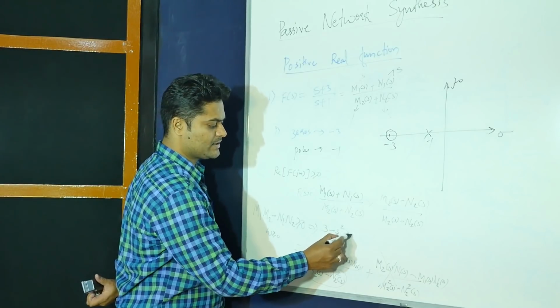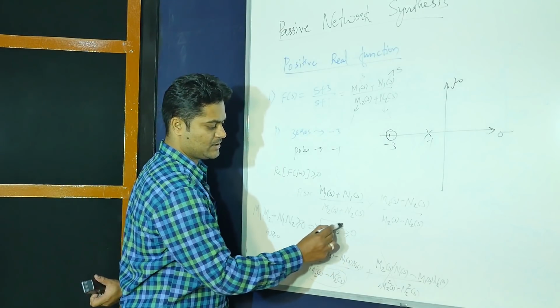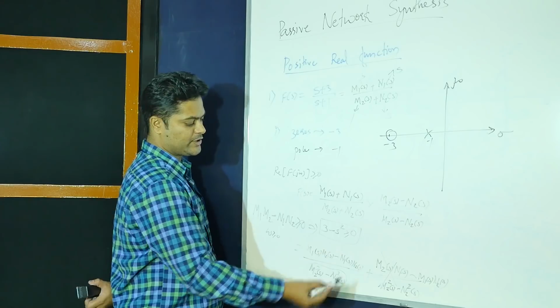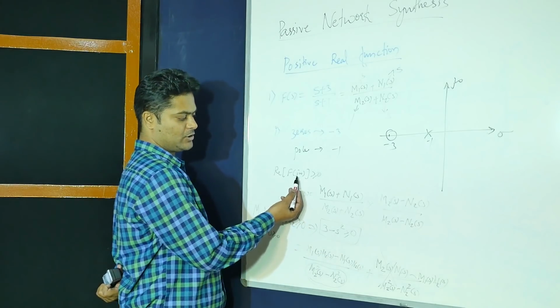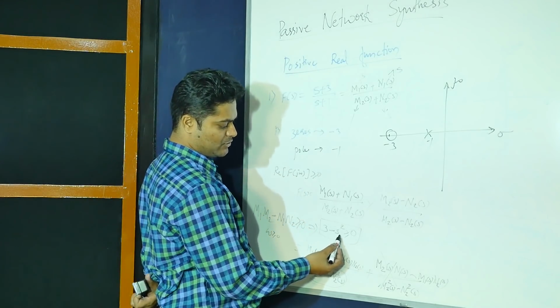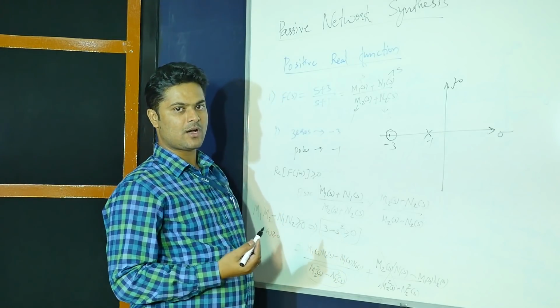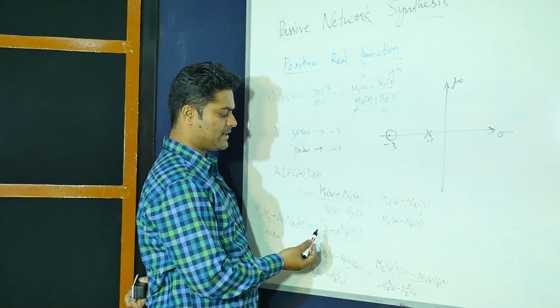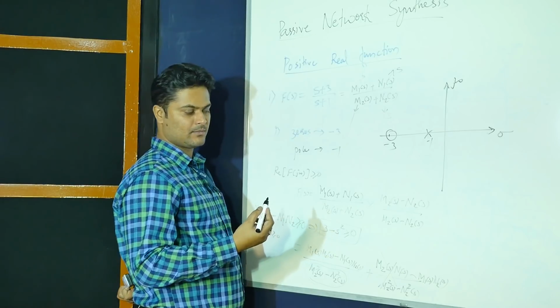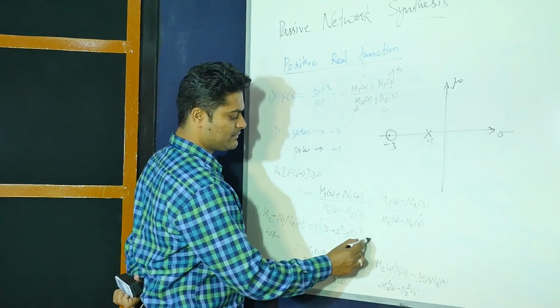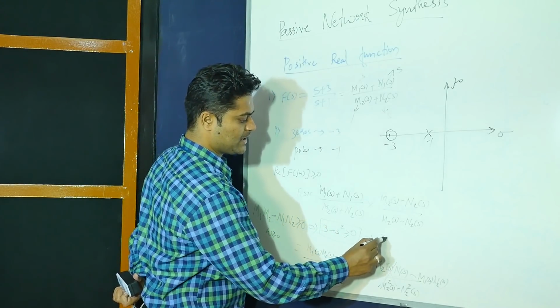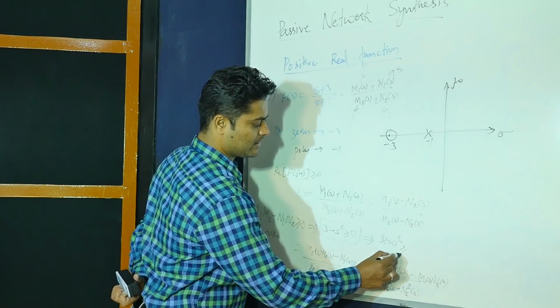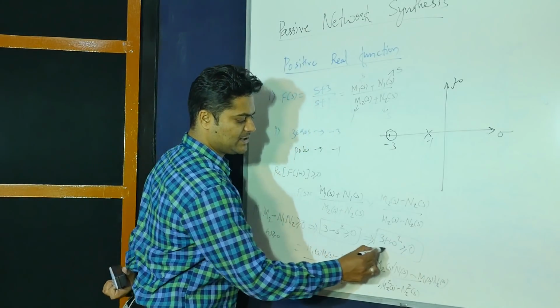We have to find out whether it is greater than or equal to 0 or not. This is the necessary condition. Put s equal to j omega. What happens? When I put s equal to j omega, minus j square into omega square, minus into minus, j square is negative 1, so it becomes positive. So this will lead to 3 plus omega square greater than or equal to 0. So, is this true?